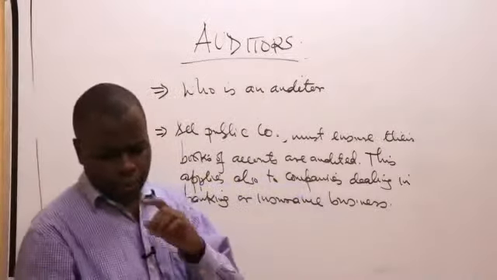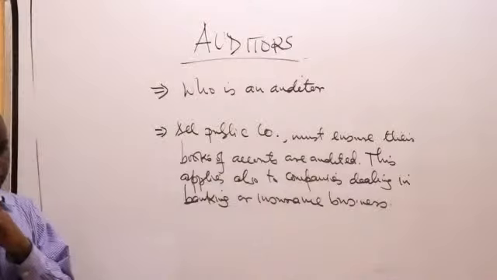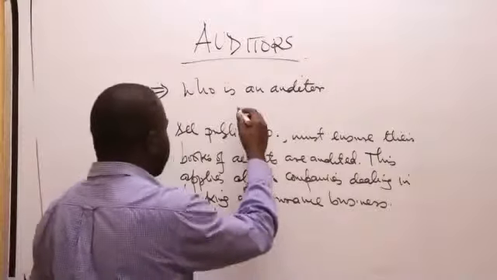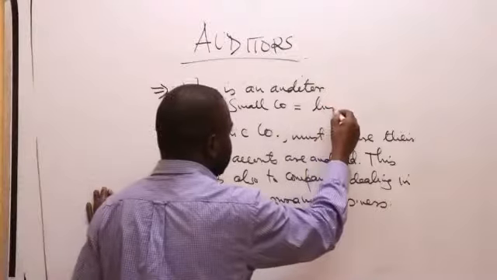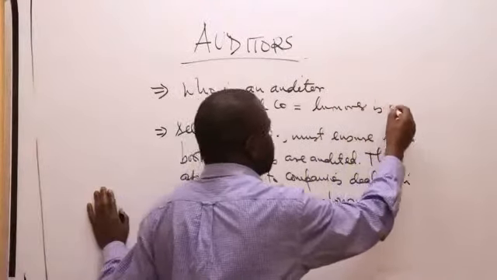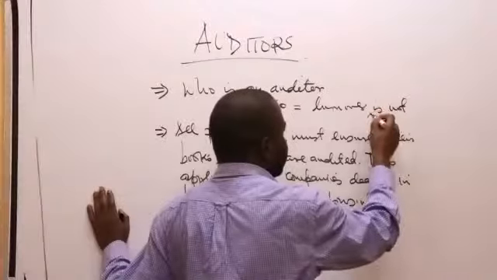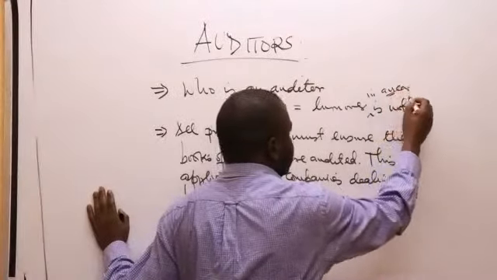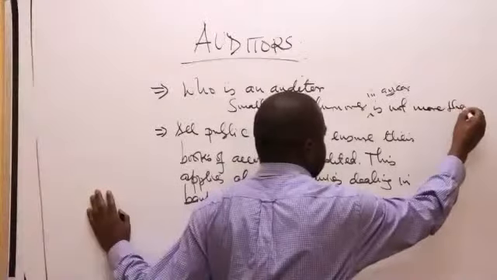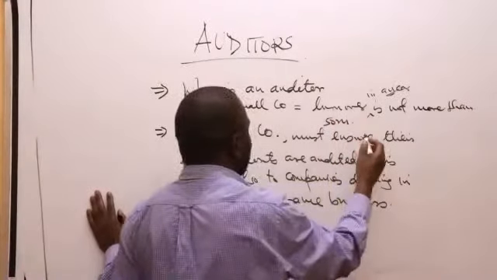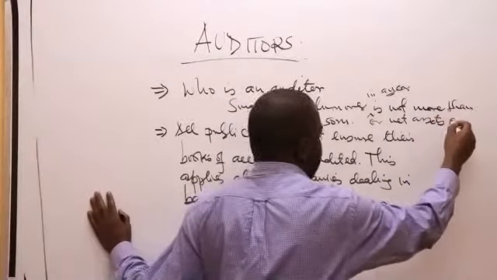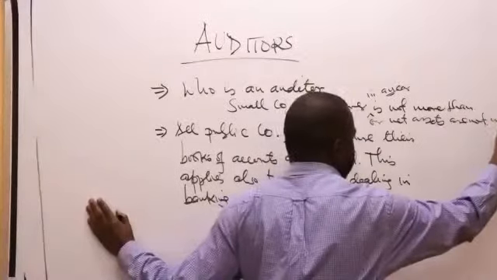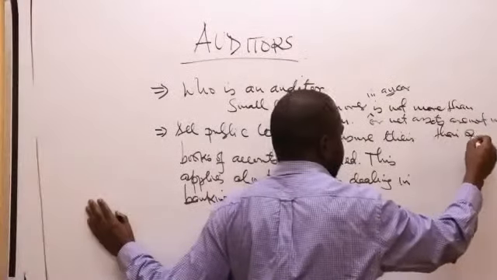So the threshold for ascertaining whether a company is a small company: when you talk about a small company, we mean that the turnover in a year is not more than 50 million, or the net assets are not more than 20 million.